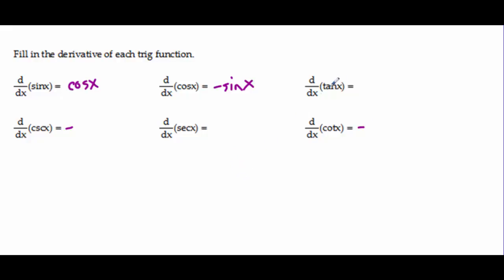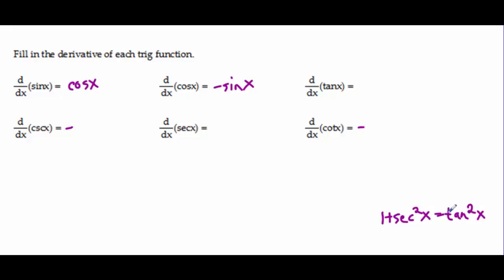From there, if you can memorize what tangent is, cotangent will be similar. If you can memorize what cosecant is, secant will be similar. Tangent and secant, believe it or not, actually go together based on trig identities. From last year in trigonometry, we had an identity that said 1 plus tangent squared x equals secant squared x, or something like that.